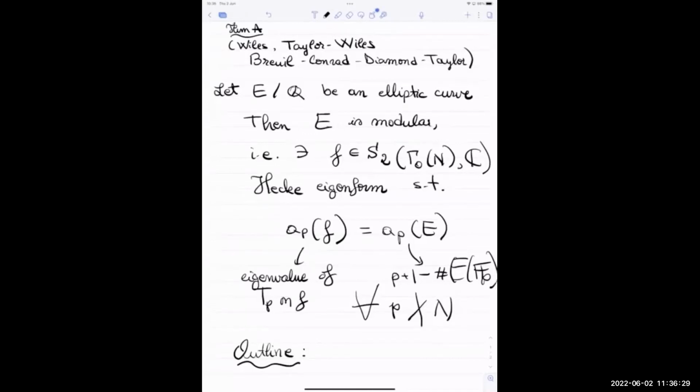In the case of rational elliptic curves, you can formulate modularity more geometrically by saying that you look at the modular curve of level gamma naught n, and you look at its Jacobian, and there is a quotient of that Jacobian that you can identify with the elliptic curve. So there's a geometric way to think about modularity over the rational numbers.